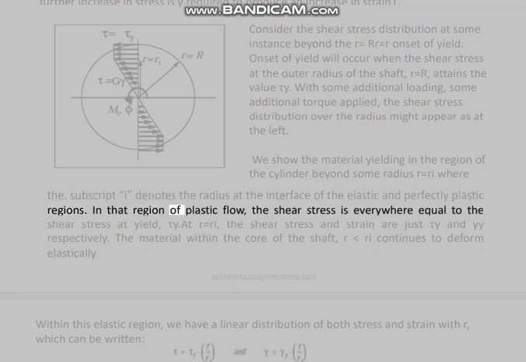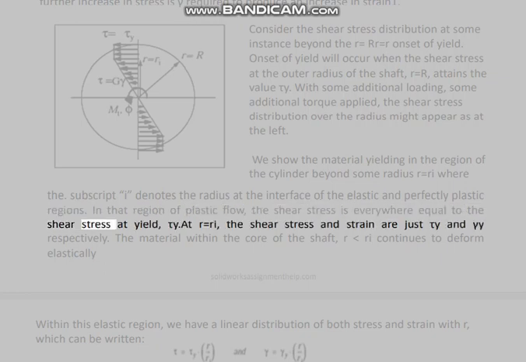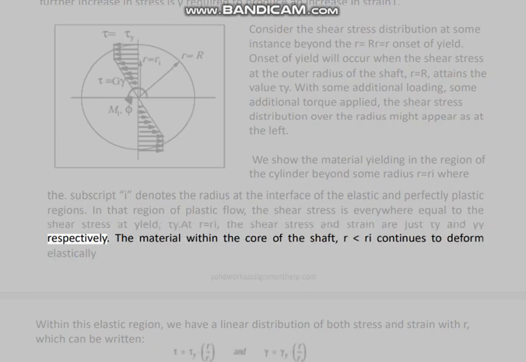In that region of plastic flow, the shear stress is everywhere equal to the shear stress at yield, τy. The shear stress and strain are just τy and γy respectively. The material within the core of the shaft, r less than Rᵢ, continues to deform elastically.